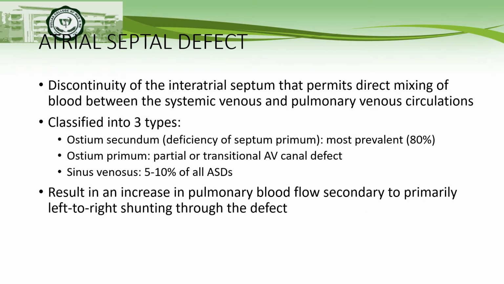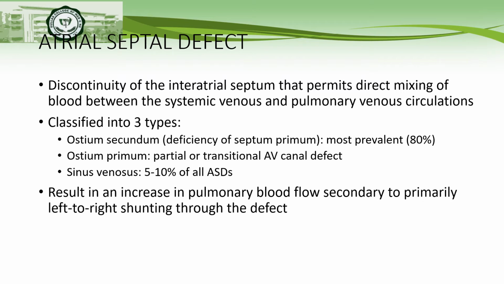The most prevalent one is ostium secundum, occurring in 80% of cases. So this is the most common. Ostium primum is a partial or transitional AV canal defect. AV is atrioventricular, and sinus venosus occurs in 5 to 10% of all ASDs.